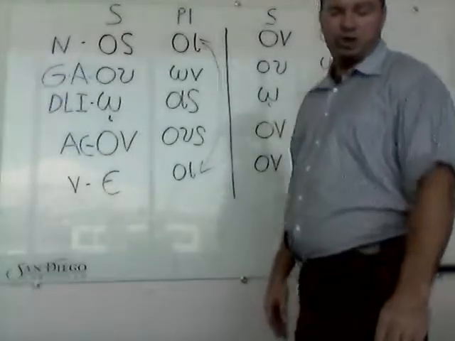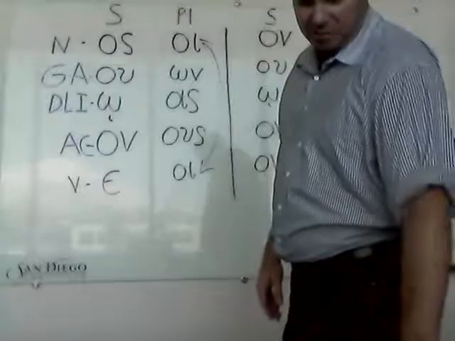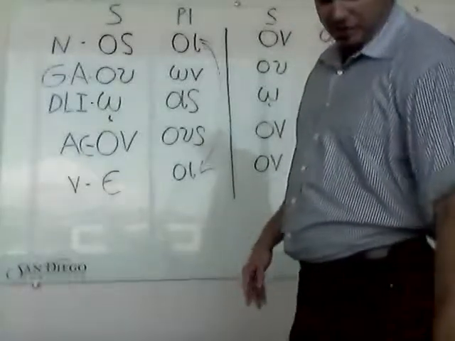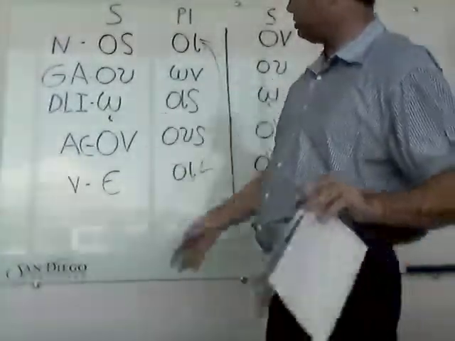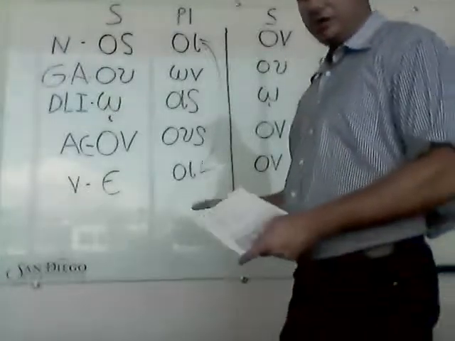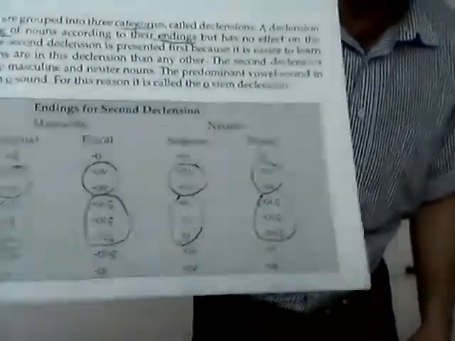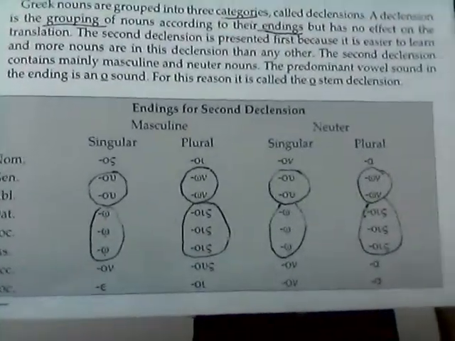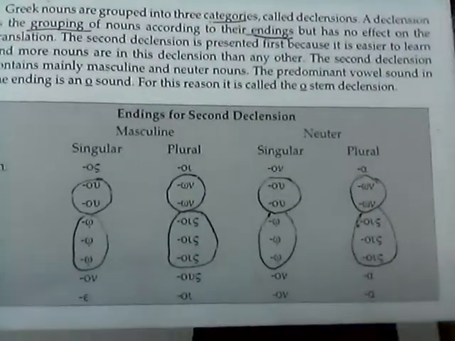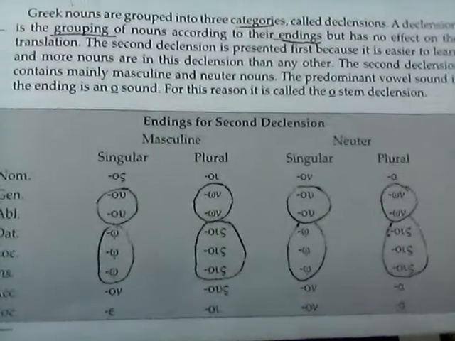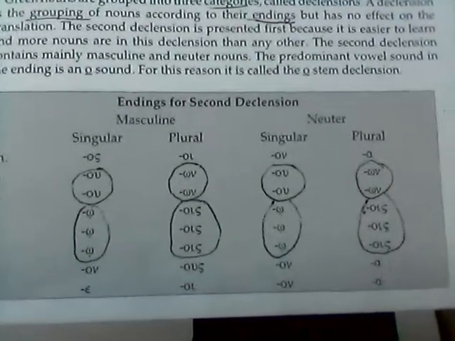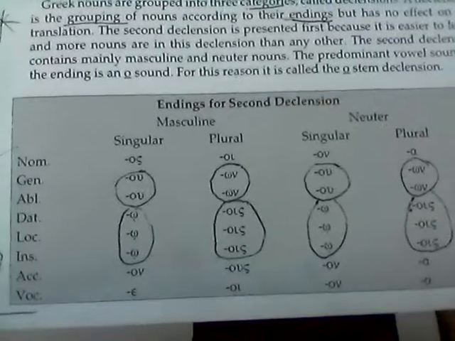Let me show you something in the textbook that's done a little different than I've put up here. You see, I put the dative, locative, and instrumental together, the genitive and ablative together, but on page 15, on the chart on the bottom of the page, you can see how it puts the different forms, it lists them 8 times. This is the only time the textbook does it, but I think it's doing it to tell you that there are 8 different functions.